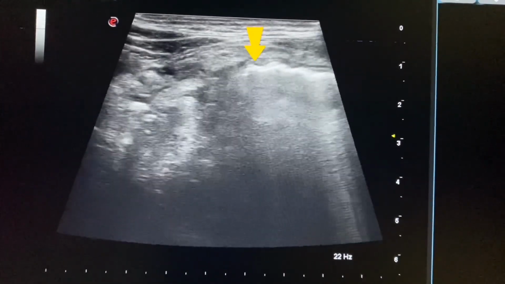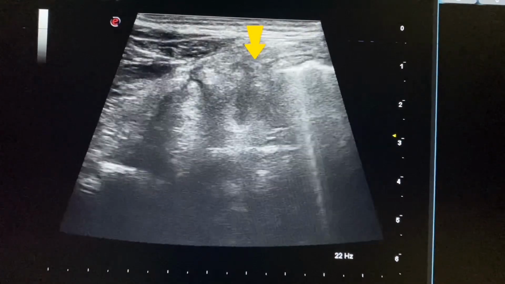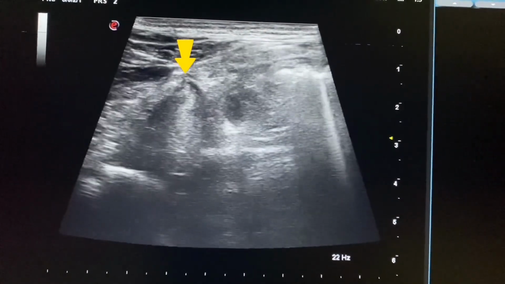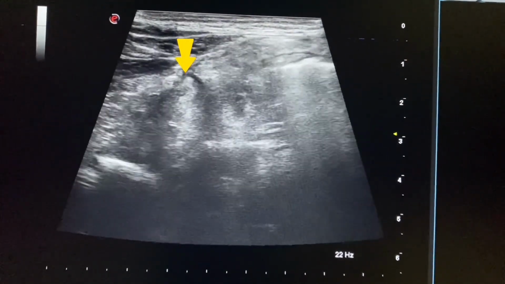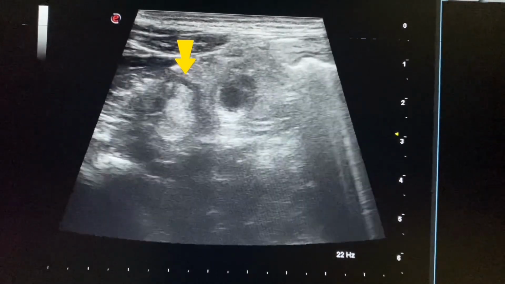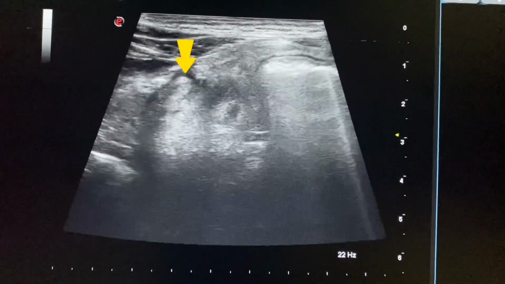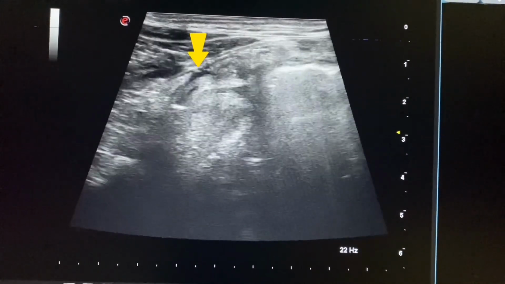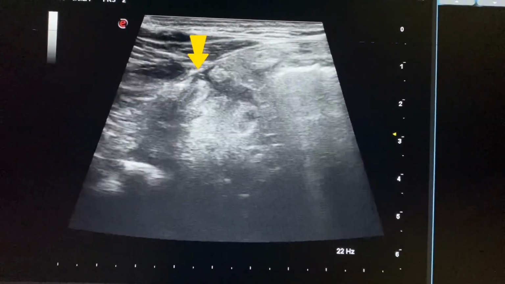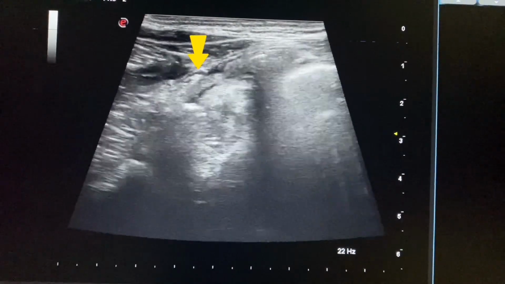This is the ileocecal junction and this is the cecum. The walls of the cecum are also prominent and thickened and inflamed.